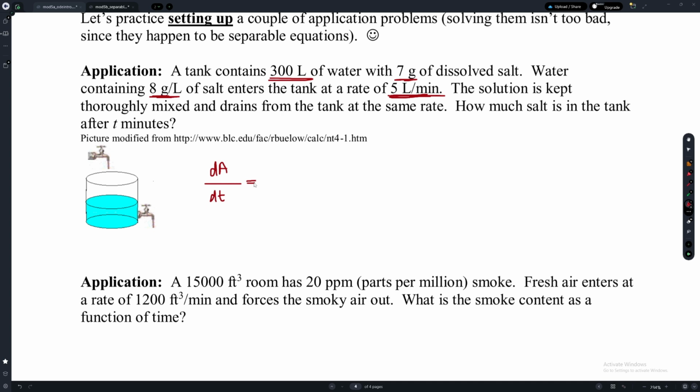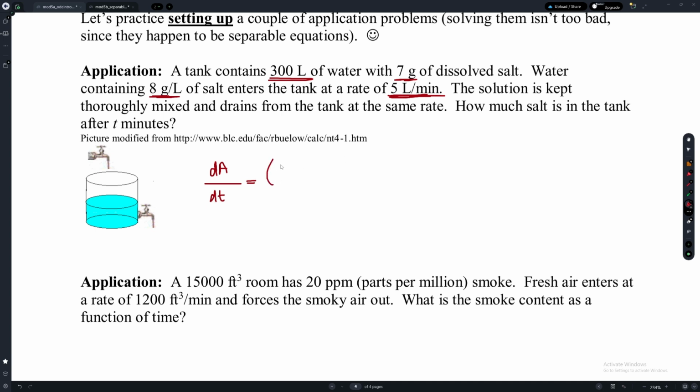And what is this function going to be? What we want is the difference between the rate in and the rate out, right? Because here it says the solution is kept thoroughly mixed and drains from the tank at the same rate. How much salt is in the tank after t minutes? So we have some time, and how much salt at the end of that time.